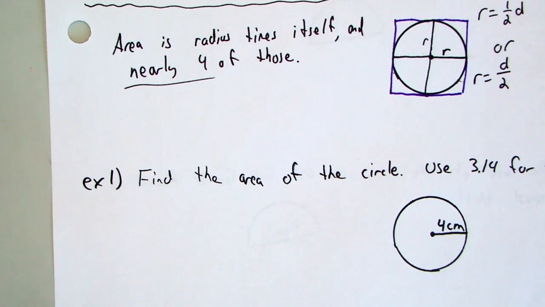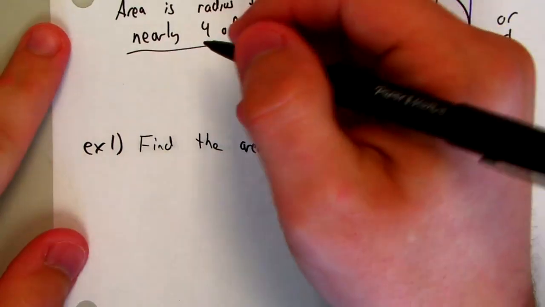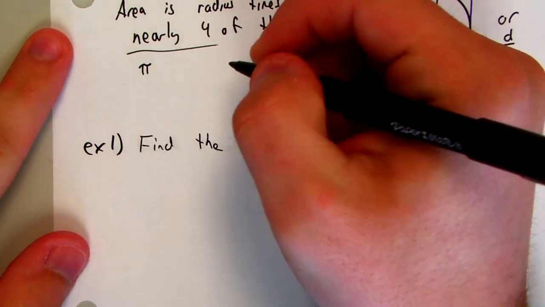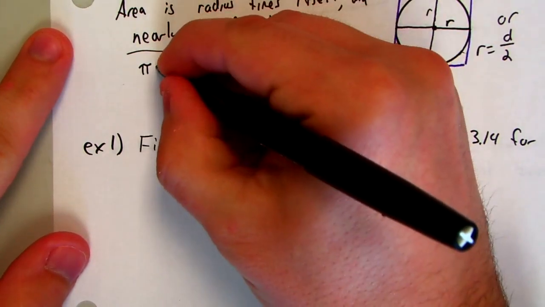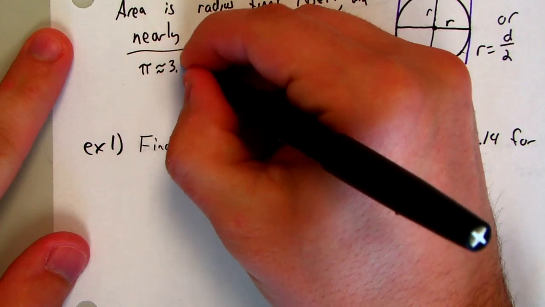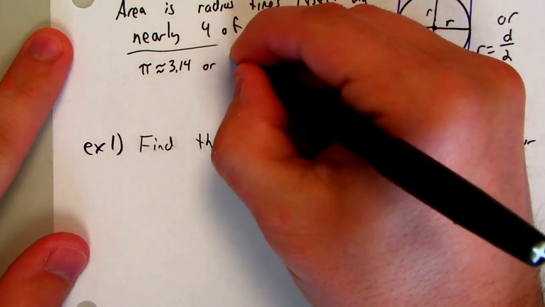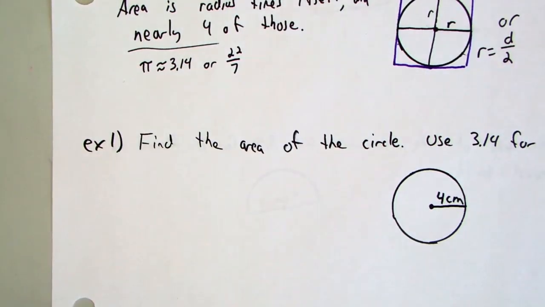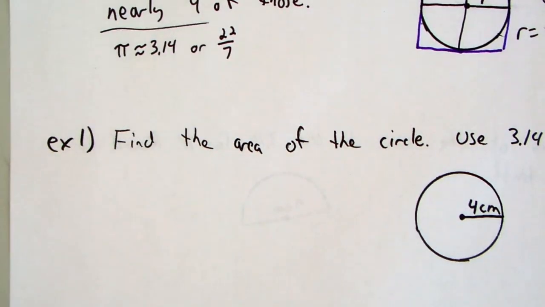We need to have something very specific to help us. If you recall from Lesson 1, we had this number called pi. Pi was about 3.14, or we could approximate it as 22/7, which again, is a little less than 4.